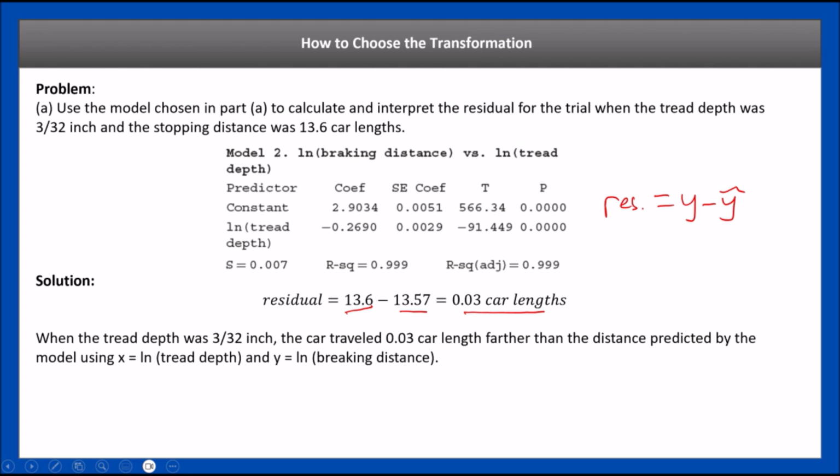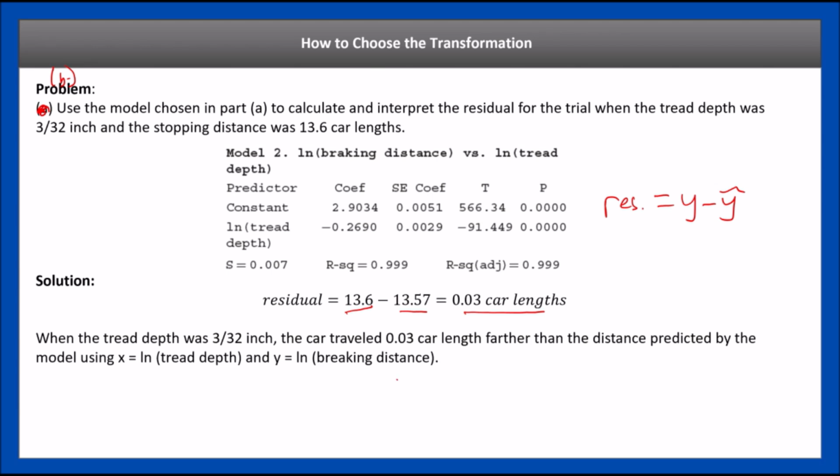All right, so there's our part B, which is the residual. Once we determined the model using the residual plot, then we calculate the residual. Now, if they wanted a least squares regression line, we can go ahead and do that.